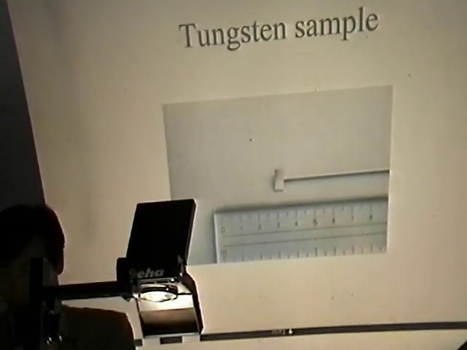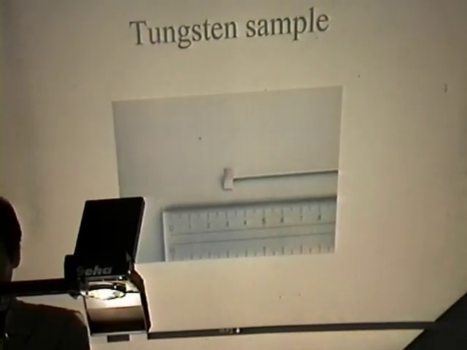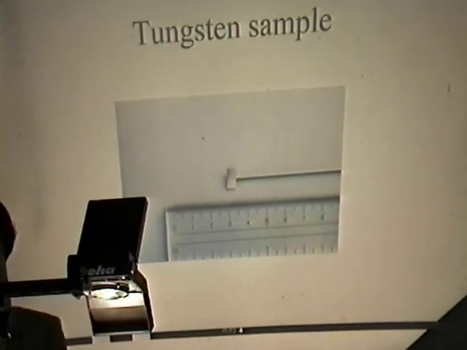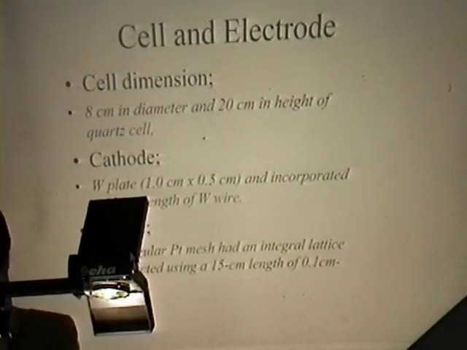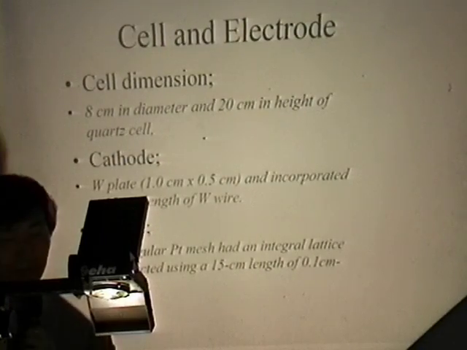This is a tungsten sample of rectangular shape and a big rod. The cathode and anode are as shown in these figures.